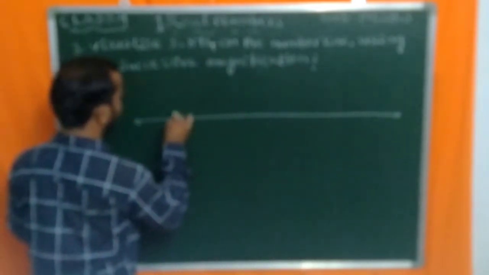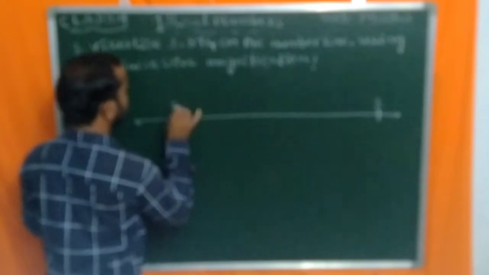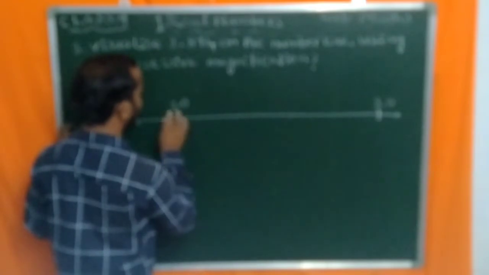On this number line, 2 and 3. 2 can be written as 2.0, and 3 is written as 3.0. Between these two numbers we can take 10 equal parts.